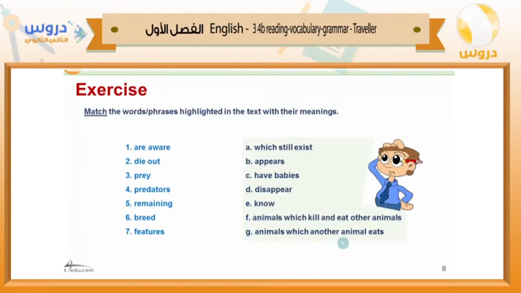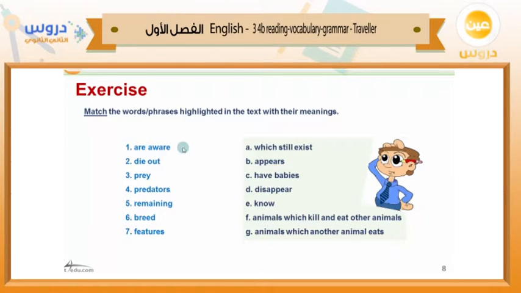If we move on to talk about what I said to you from the beginning, when we were going to read the text, there are underlined words in red. So they have their meanings inside the text. So let's find out their meanings. To the left you have 1 through 7, and also here you have A to G. So match the words or phrases highlighted in the text or underlined in red in the text with their meanings.